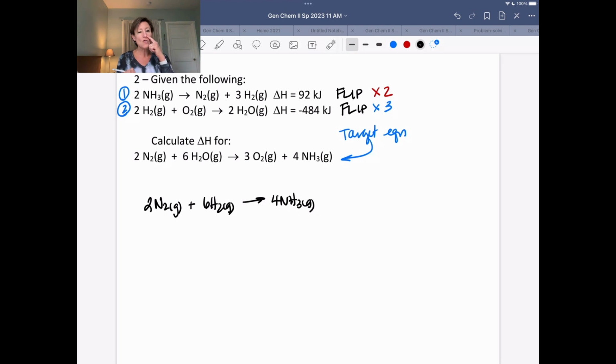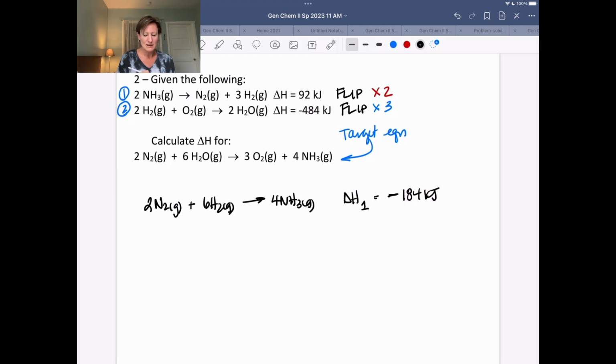Okay, so that's our overall equation as we flipped it and scaled it. Now, what we need to do with our, and I'm going to call this delta H1, when we manipulate this equation, when I flip it, I change the sign so that positive, that endothermic reaction becomes exothermic, and then I need to scale up that enthalpy value by twofold as well. So it's minus 184 kilojoules. Okay, so that's what we're going to have there.